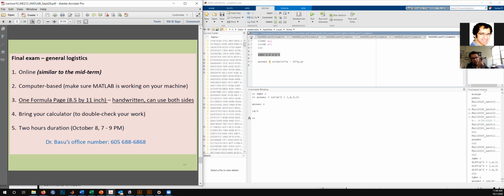You can use one formula page, which I had allowed in the midterm as well, and I had told you to use just one side of it, but now you can use the other side. So you have two sides of one page to jot down whatever you want to write, but you are basically going to use your own computer. So technically you should have access to all the codes that we wrote during the live lectures. The calculator is useful, and it's a 2-hour exam.